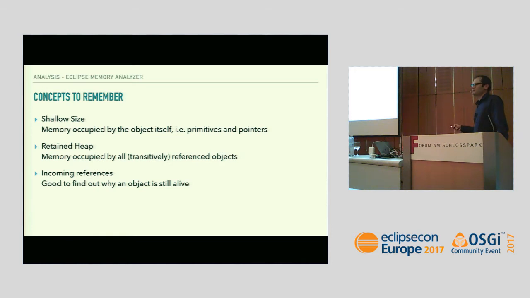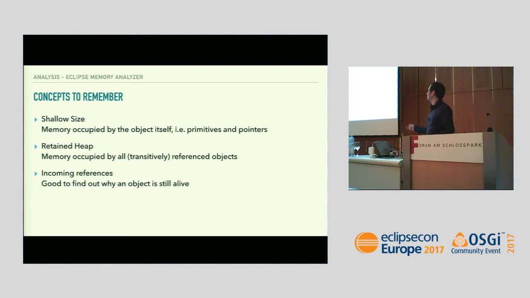You see for each object that you find in there, you see the shallow size, which is the size that an object takes by its primitives plus the pointers to other objects. So it's just the size this object occupies itself, but not the size it has in total with all its reference children. That would be the retained heap.